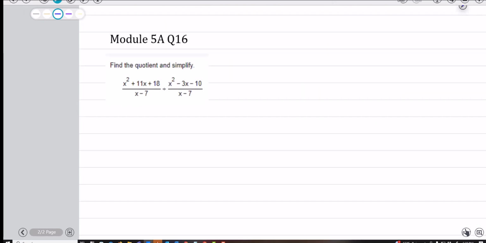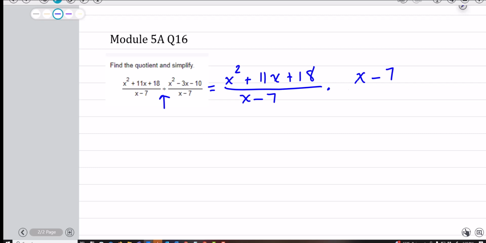So I can see that this is division, so I leave the first term alone, plus 18 x minus 7. It's division, so I'm going to change to multiplication, and I'm going to flip it. Hopefully you see what I see, that x minus 7 is going to go away.